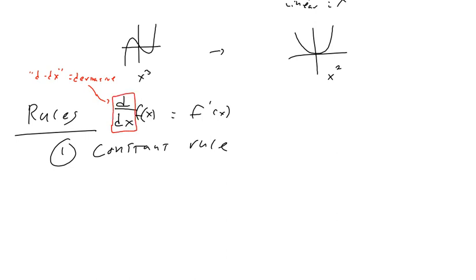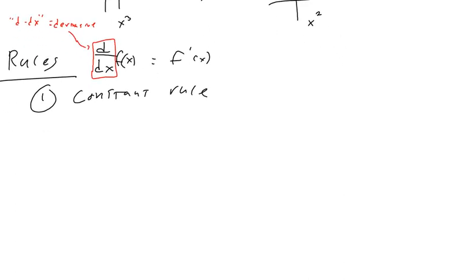If I do d dx of f of x, that gets me f prime of x. That is taking the derivative of f of x. So d dx of f of x is taking the derivative of f of x, getting f prime, which is the derivative. It's a way to show that we're doing a derivative.